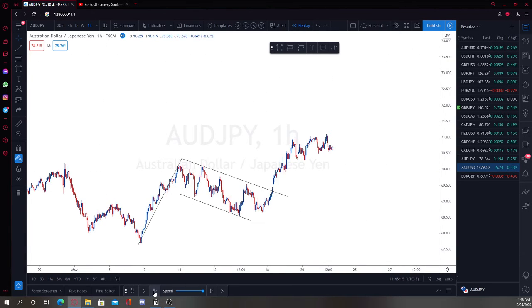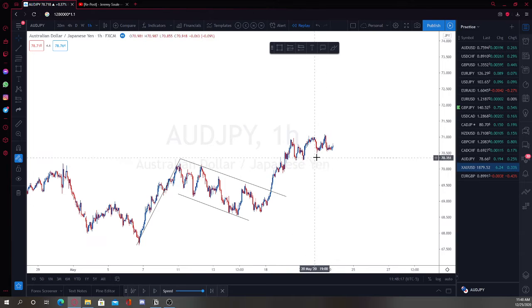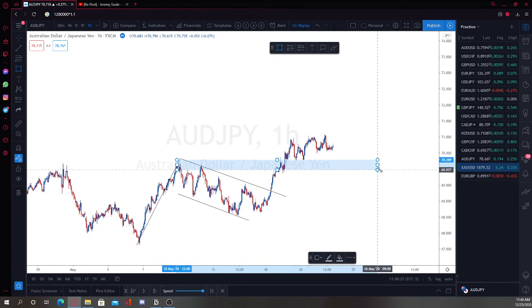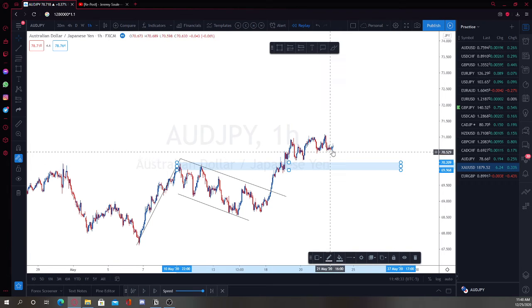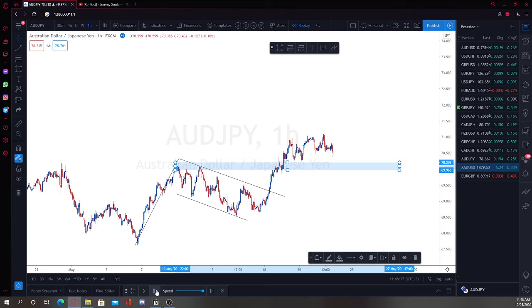So we play a few more candles, but now that we recognize that there's corrective movement, we want to take our kill zone and say this is the top of the previous impulse. So this is the area that I'm looking for price to come down to, and the area I'm looking to buy at if it does give me a continuation pattern, or a bullish continuation pattern.